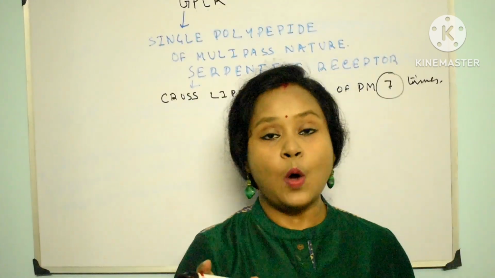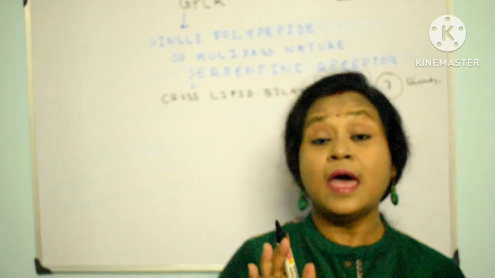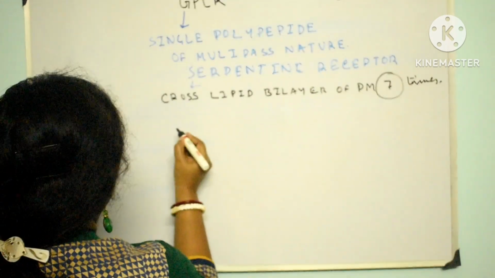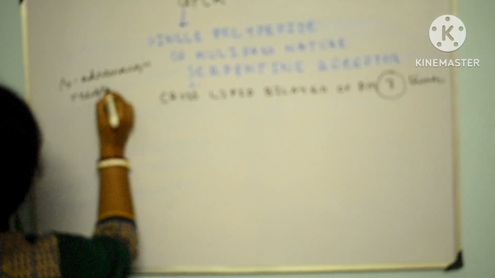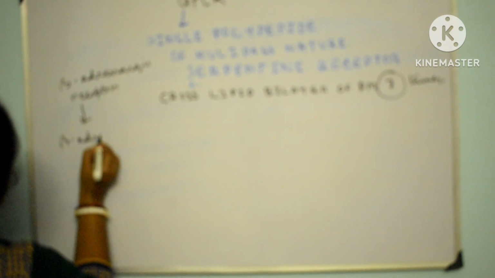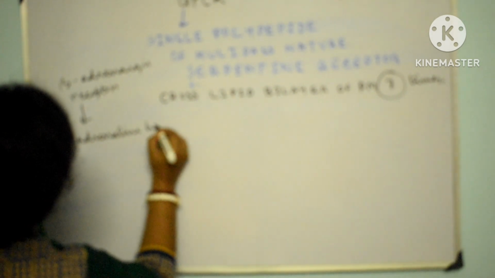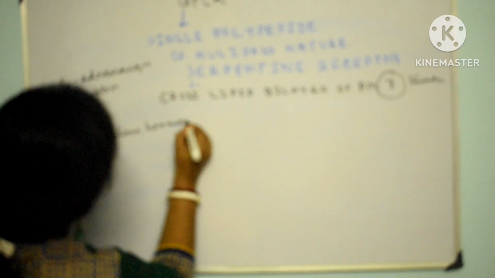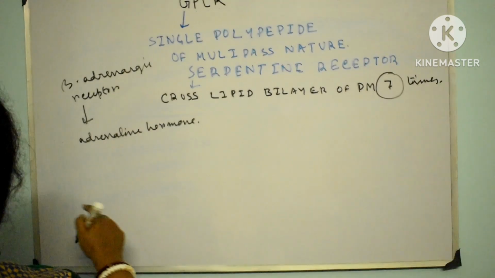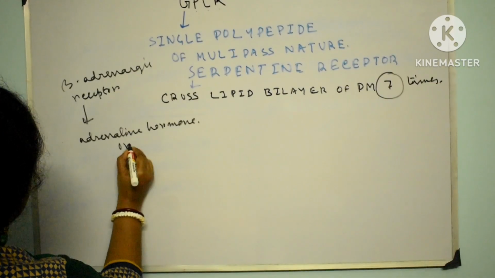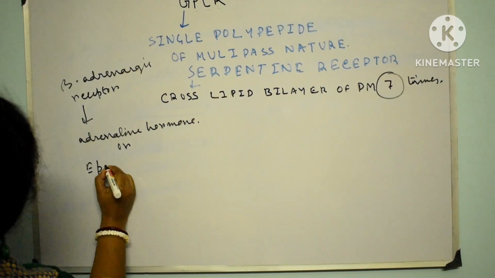An example of a GPCR responding to a chemical signal is the beta adrenergic receptor. This beta adrenergic receptor binds to the adrenaline hormone, and we are very familiar with this adrenaline or epinephrine hormone.